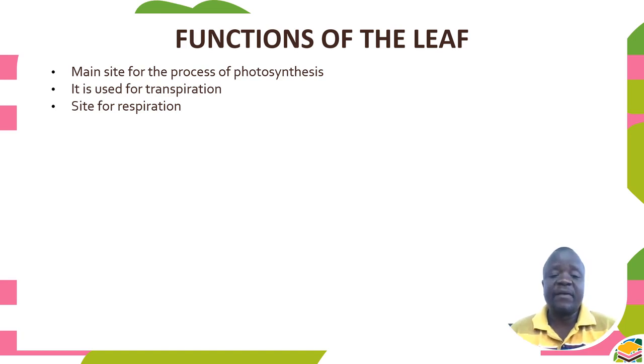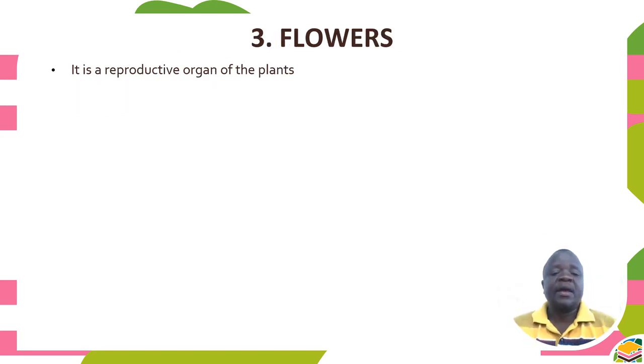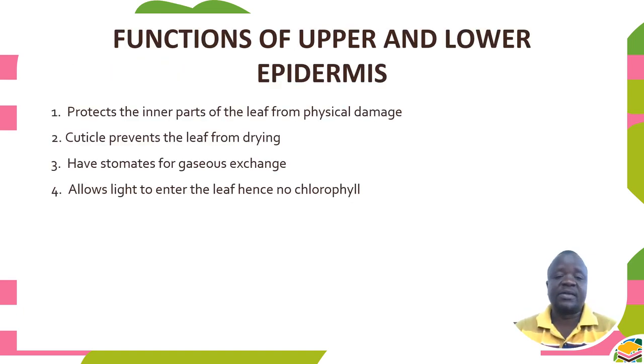Apart from the leaf, photosynthesis can also take place in the stems. Then we also have organs such as flowers, which are reproductive organs for the plants. When flowers are fertilized, fruits are formed, which are enjoyed by animals.